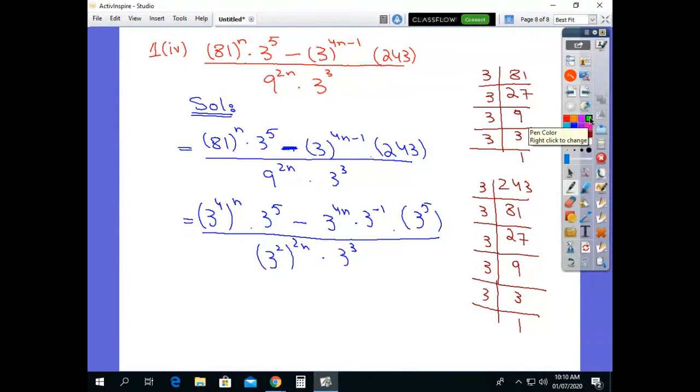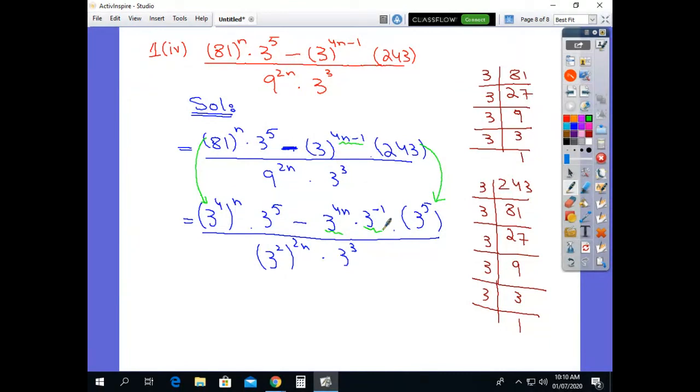Here we convert 81 into 3 raised to power 4 and 243 into 3 raised to power 5, and because the bases are the same, we split the expression into single powers.